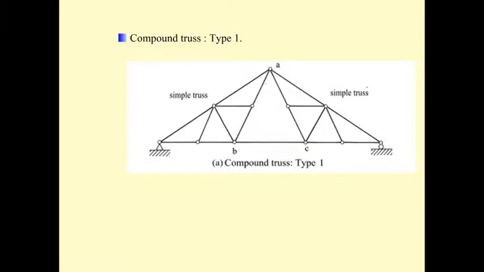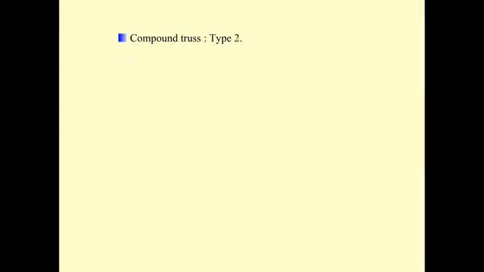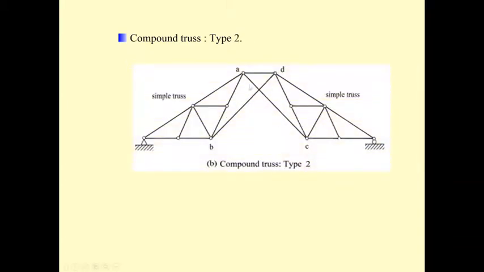And as I mentioned, the compound truss is built by simple trusses connected at a joint with an additional member, and that's called compound truss type 1. And if the simple trusses are connected by 3 truss members, that's called compound truss type 2.